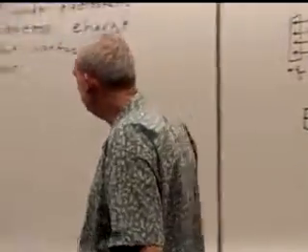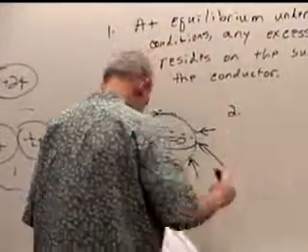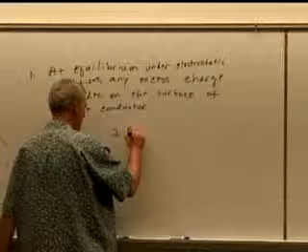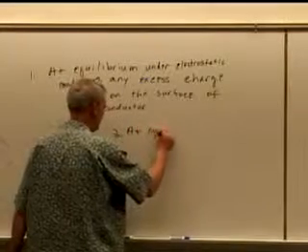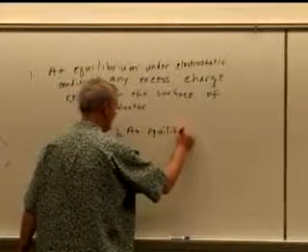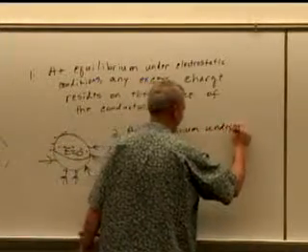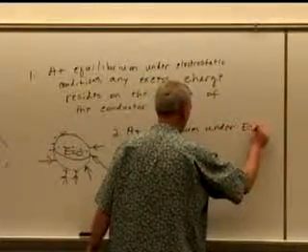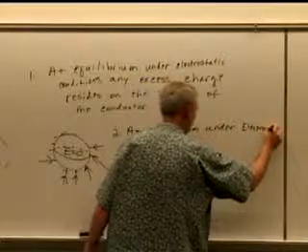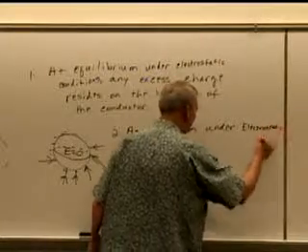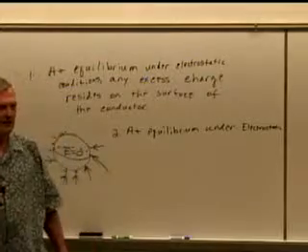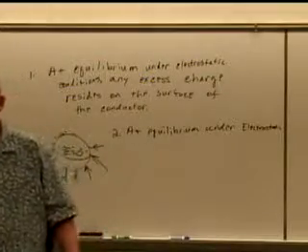So, big point number 2 is at equilibrium, under electrostatic conditions, again. What we mean by electrostatic condition is there's no charges moving. There's no voltage here creating amperage that's flowing.